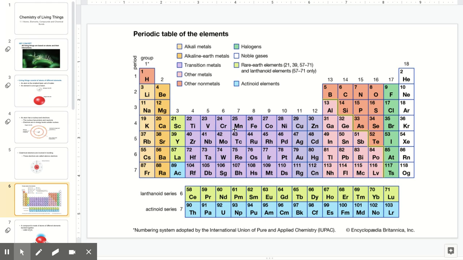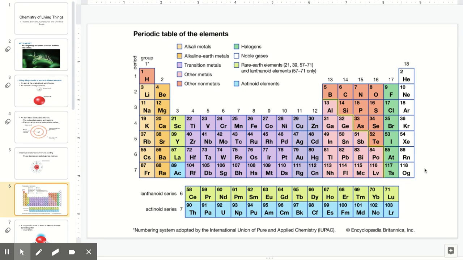So looking at our periodic table here, just some things I want to point out to you. The elements that are really important in biology are what we call nonmetals.